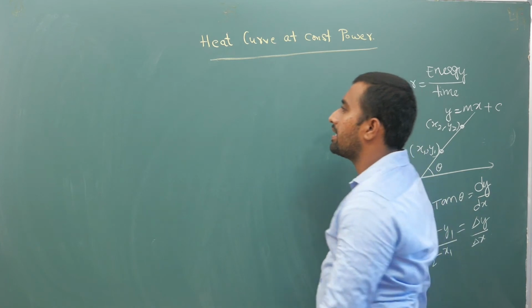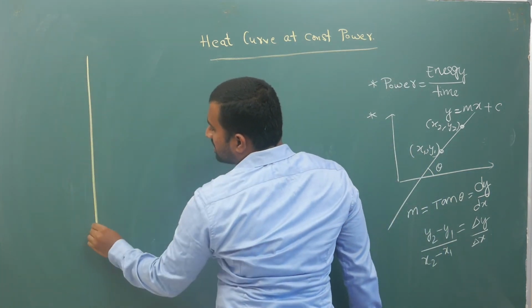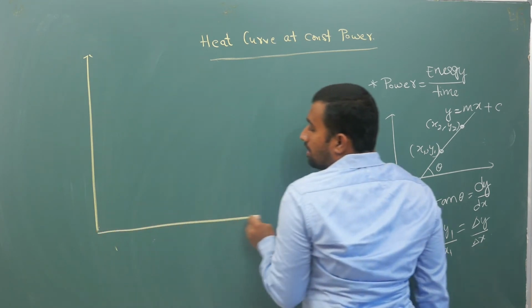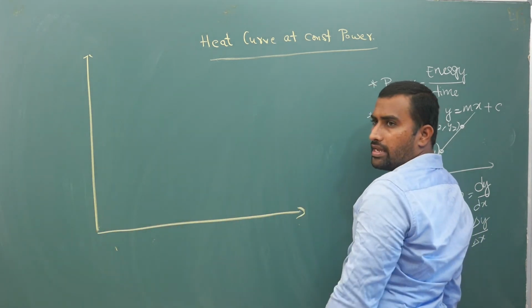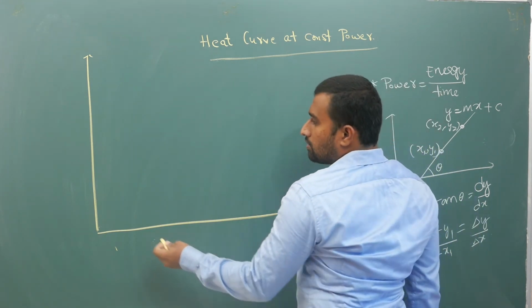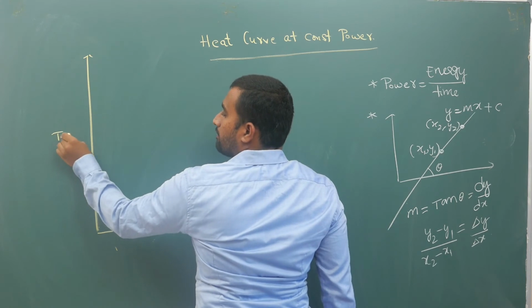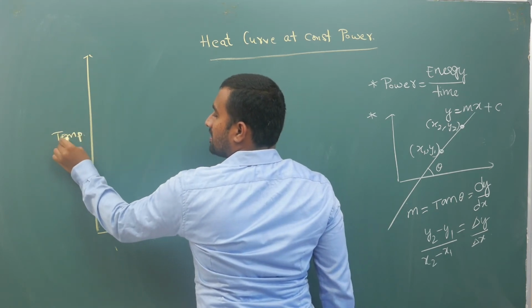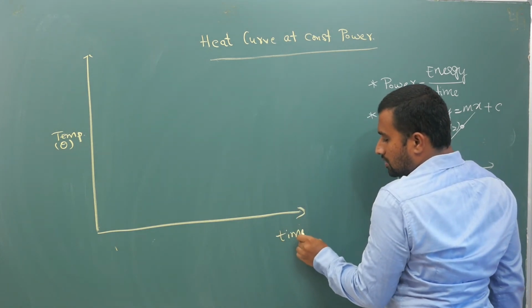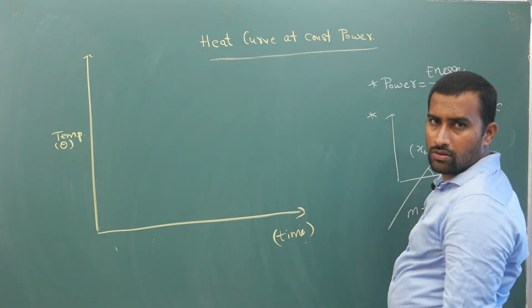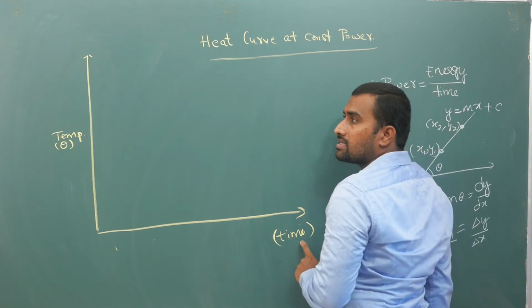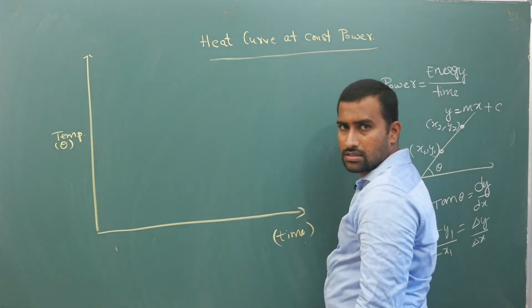On the y-axis we are plotting the temperature of the body, theta. On the x-axis you are taking time. This is your x-axis and this is your y-axis.